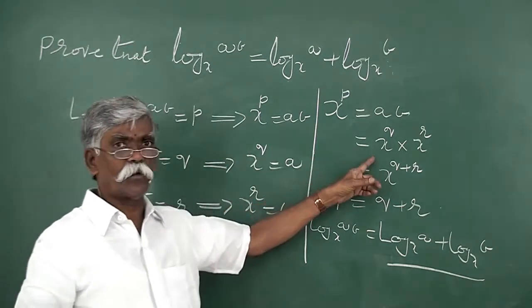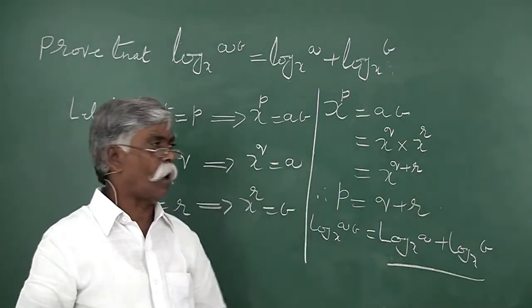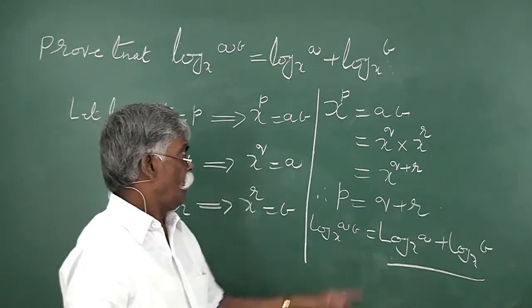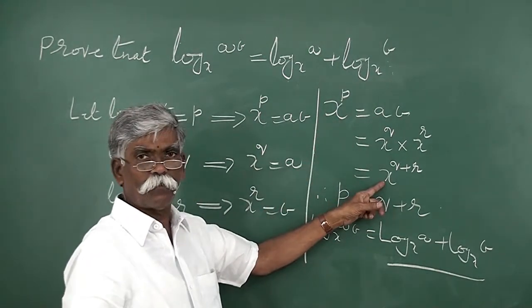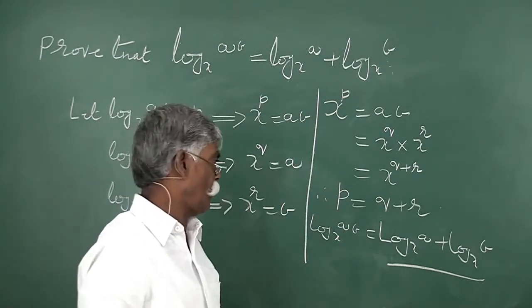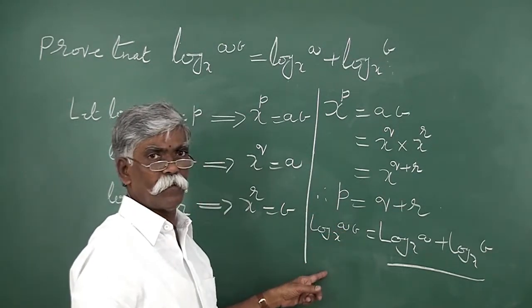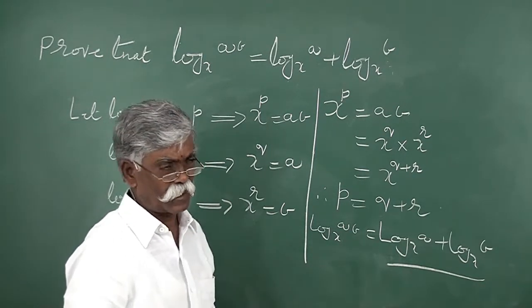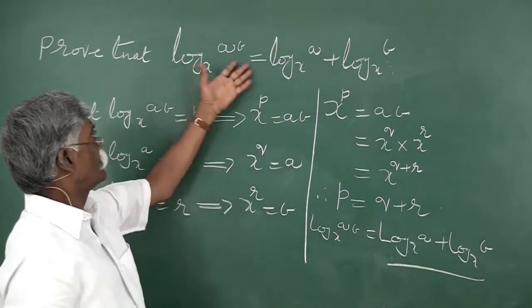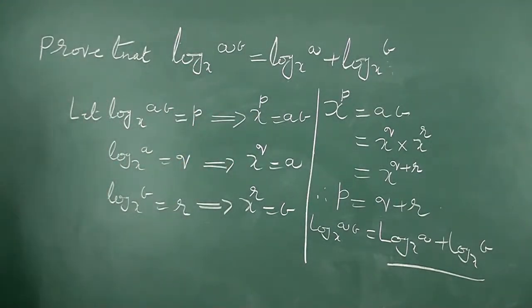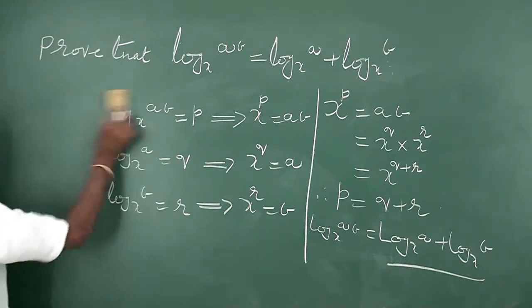A is x power Q into this is x power R. Therefore, this is x power Q plus R. Therefore, x power P is equal to x power Q plus R, that is P equal to Q plus R. P means log AB to the base x equal to log A base x plus log B base x. So, hence logarithm of AB to the base x is equal to log A base x plus log B base x.